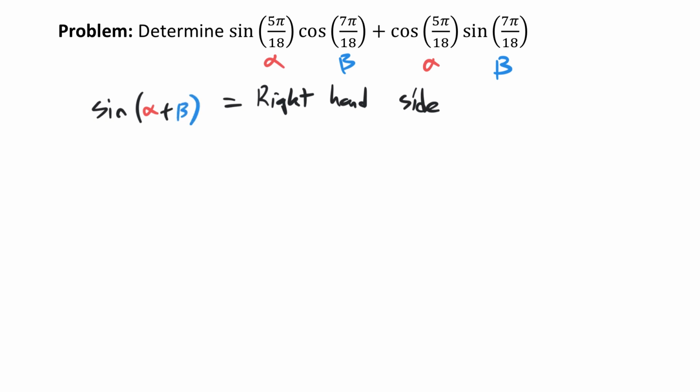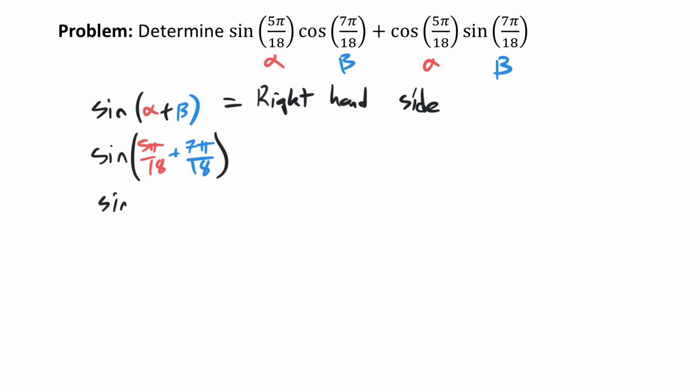And so if alpha is 5 pi over 12, we could write this as 5 pi over 12 plus 5 pi over 18 plus 7 pi over 18. And then we could actually add those two.